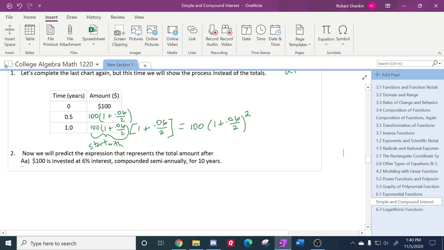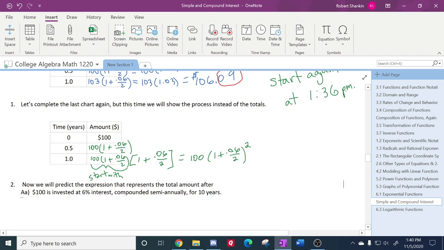Okay, so predict the total amount, $100, invested at 6%, compounded semi-annually for 10 years. Type your answer into your group chat, but don't hit enter yet. So everybody work on this individually.